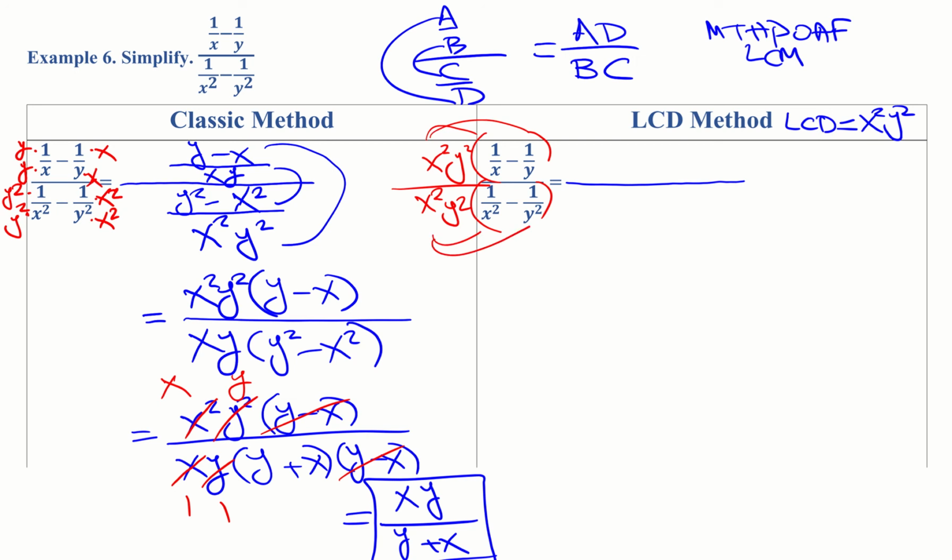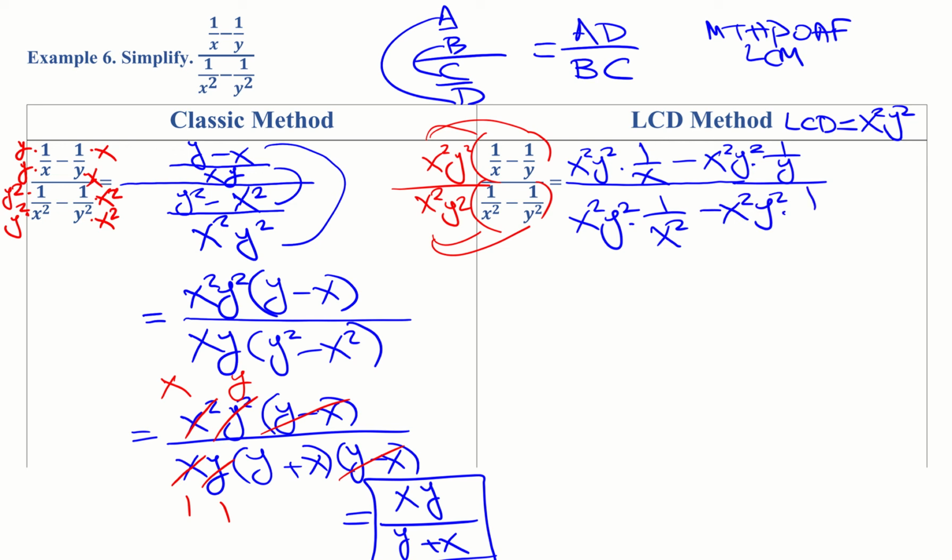On the top, we end up with x squared y squared times 1 over x minus x squared y squared times 1 over y. Down below we have x squared y squared times 1 over x squared minus x squared y squared times 1 over y squared.